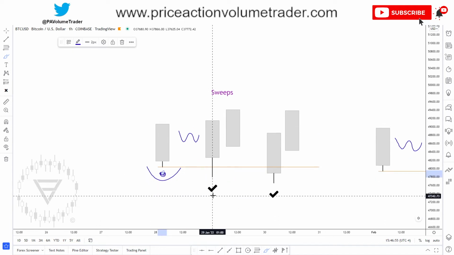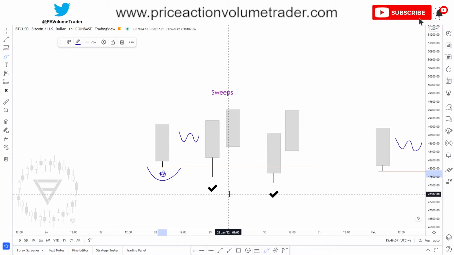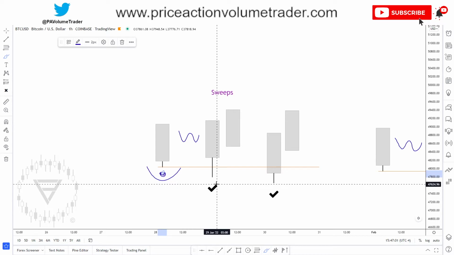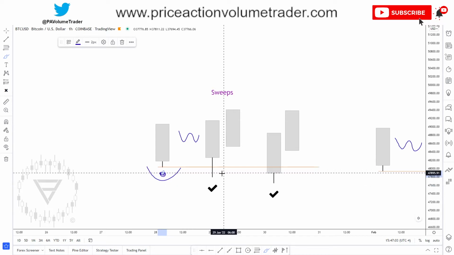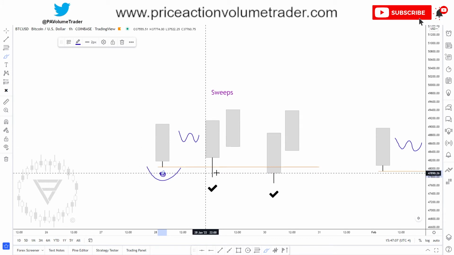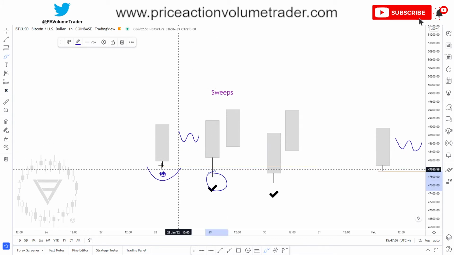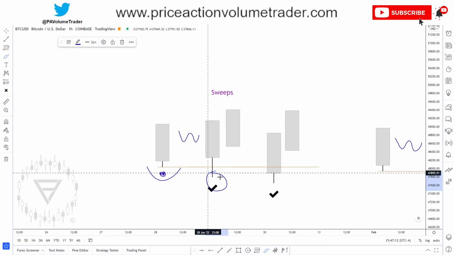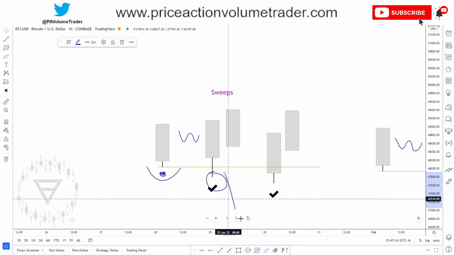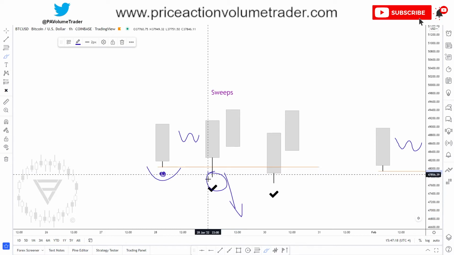This is a way that big traders, it's what we call engineering liquidity. I mean, there's a lot of ways you can call this. A lot of times also, breakout traders are going to get trapped here because they see this breaking below and they just start aggressively selling and selling at the lows, thinking this is just going to continue, only for it to reverse quickly.